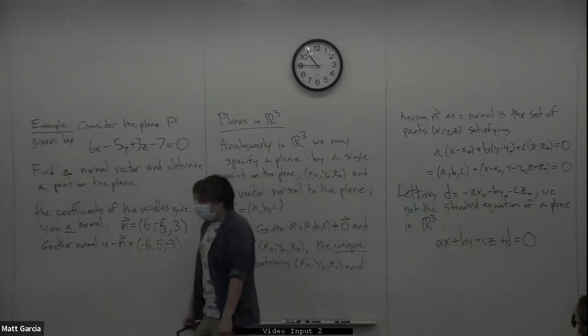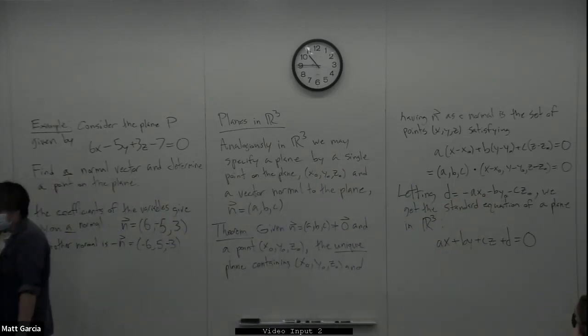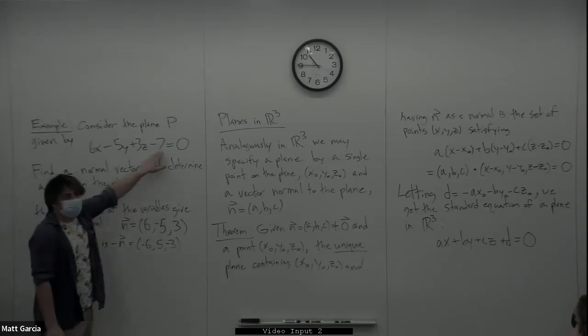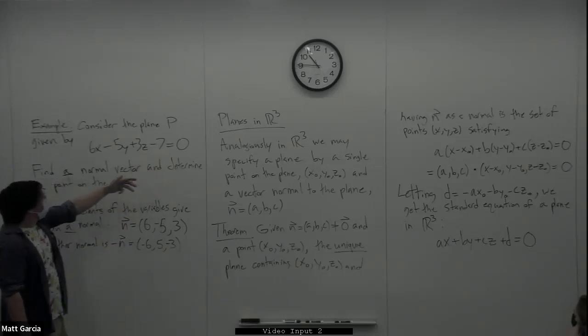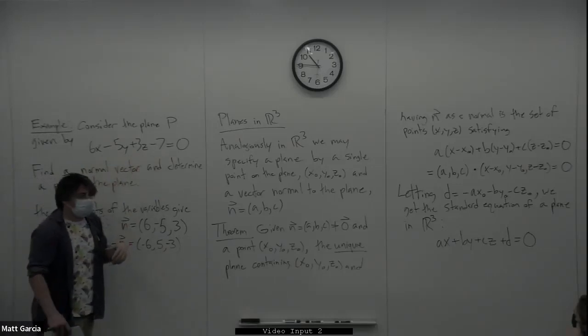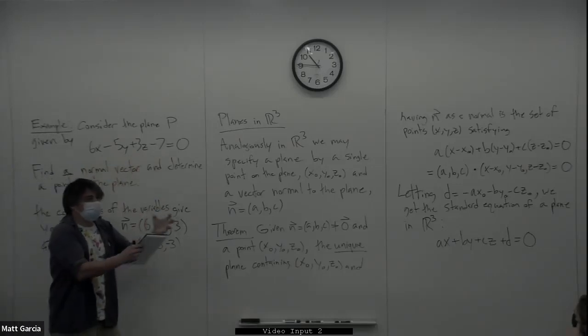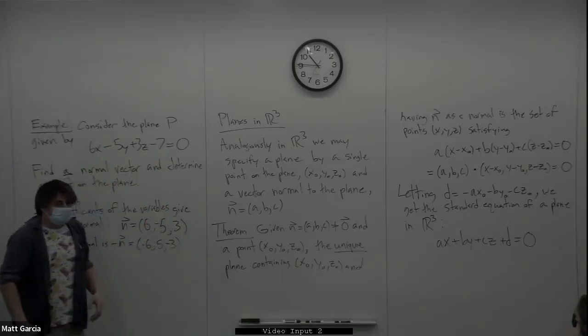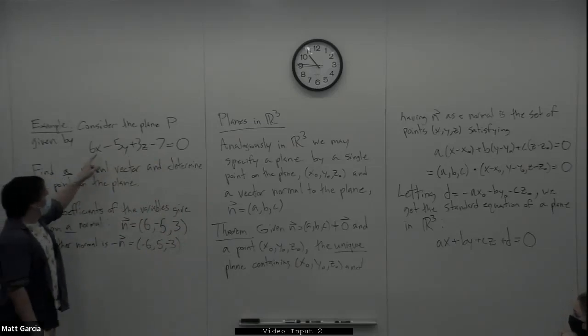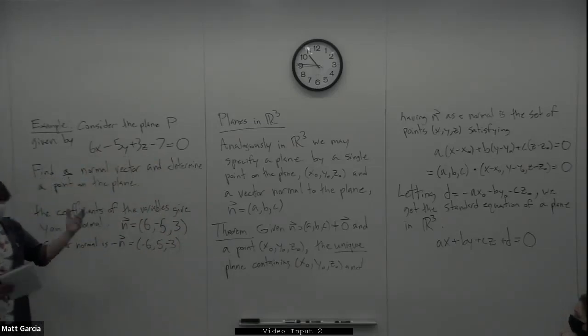Is that helpful here? Not really, because there are lots of ways I can find multiples of 6, -5, and 3 that add up to 7. But that doesn't really help me in actually finding them. Since I'm not asking for any particular point, I'm going to make this as easy as possible for myself. What I'm going to do is just choose two values for x and y and determine what z must be.